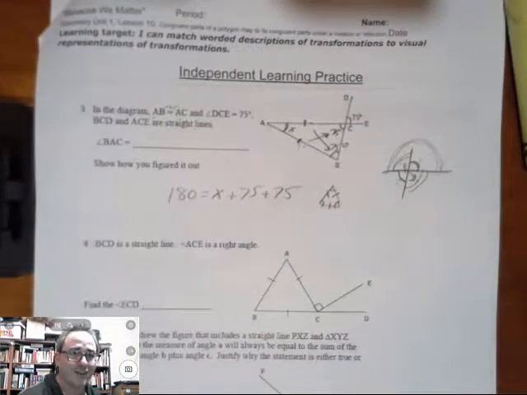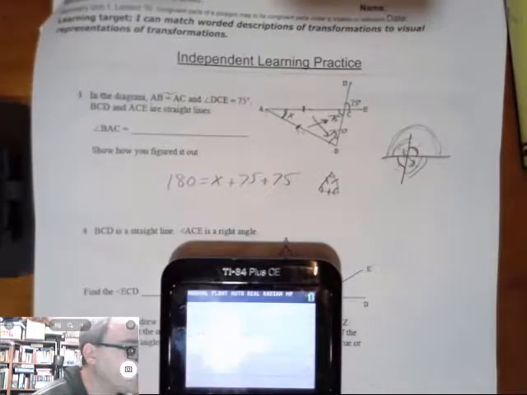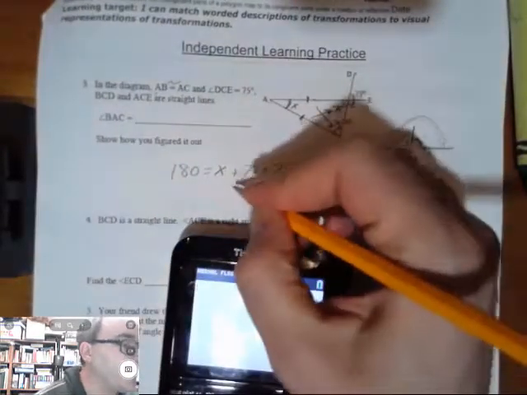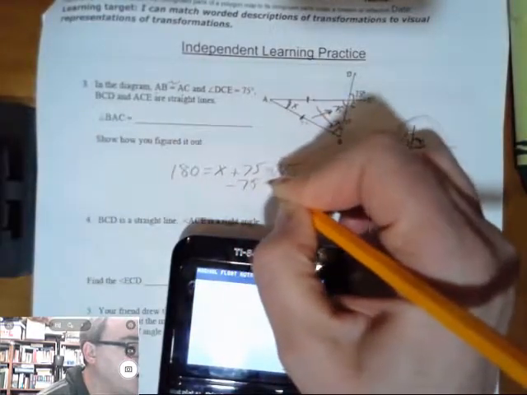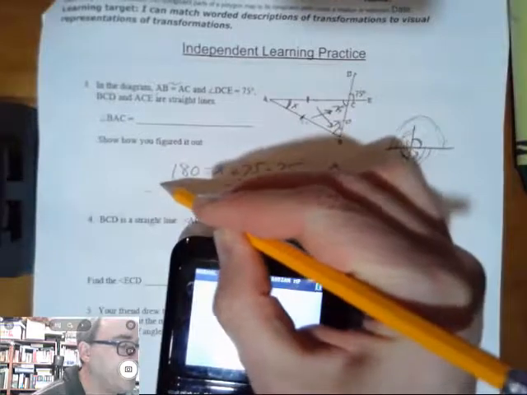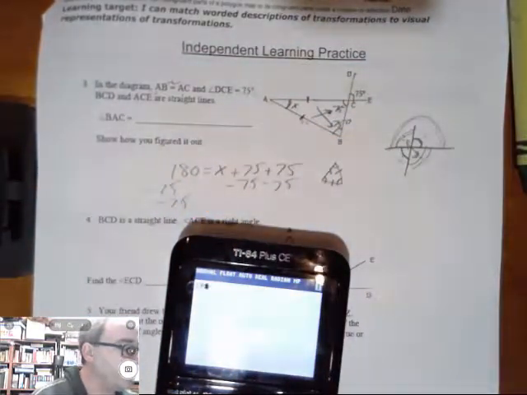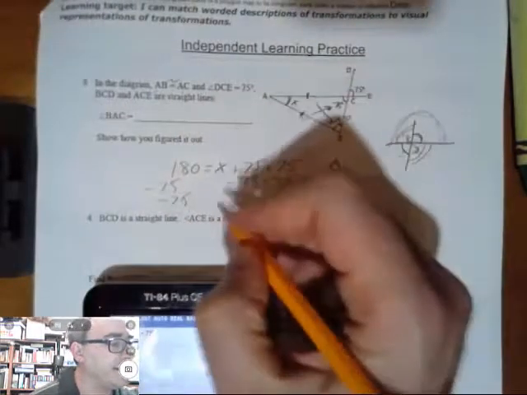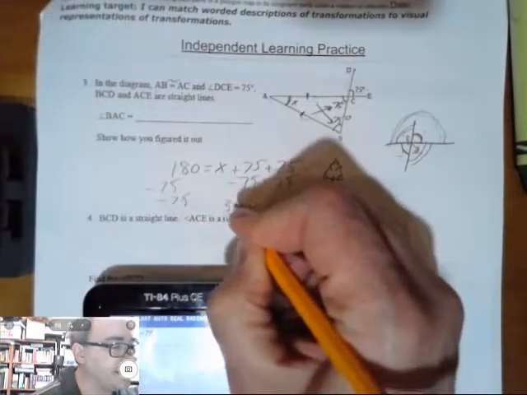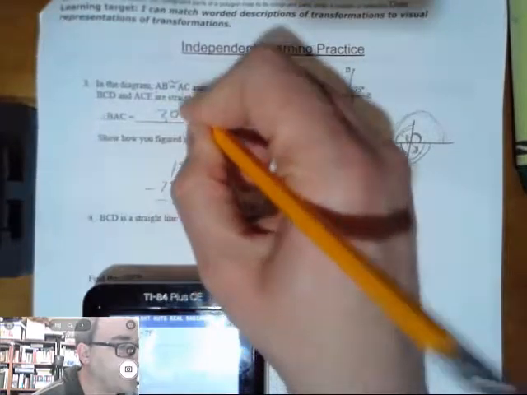We'll never forget our algebra completely. It'll always still stick with us. Here I go. I'm going to minus 75 and minus 75 to get x all by itself, which means I need to minus 75 and minus 75 over here. 180 minus 75 minus 75 is 30. X is 30. Our angle is 30 degrees.